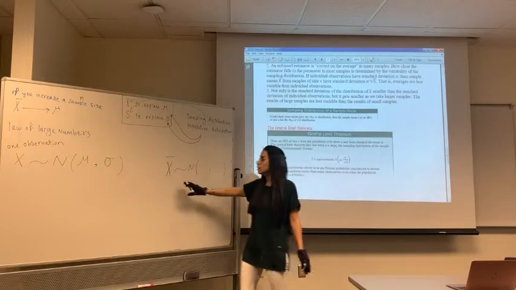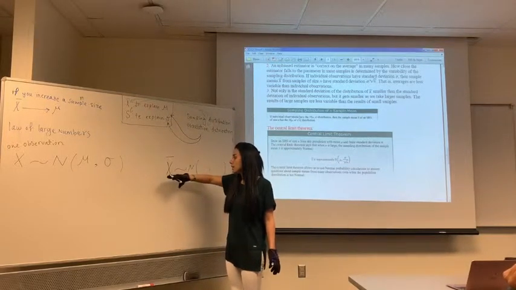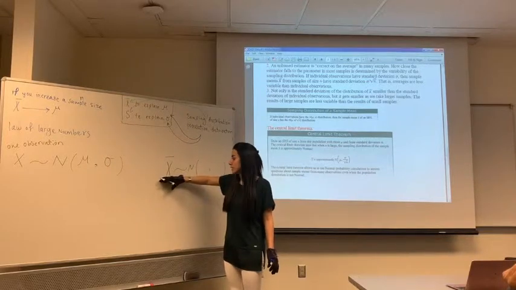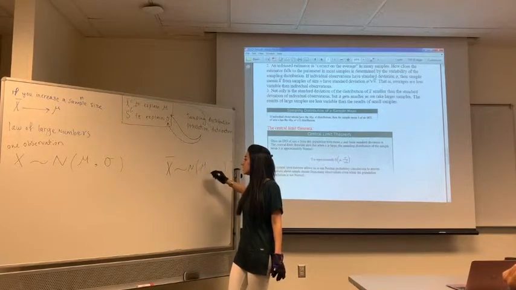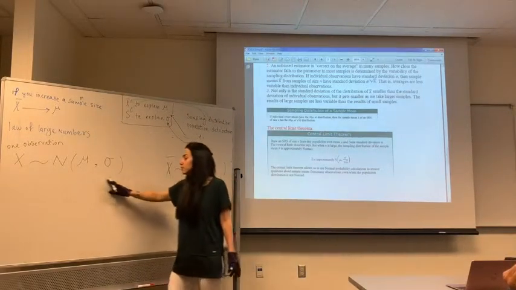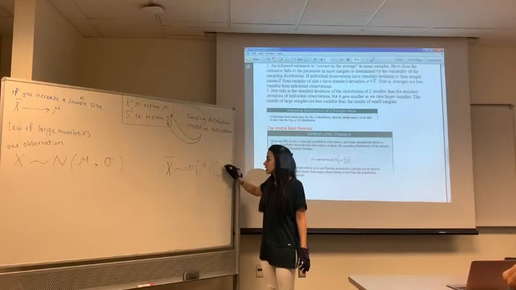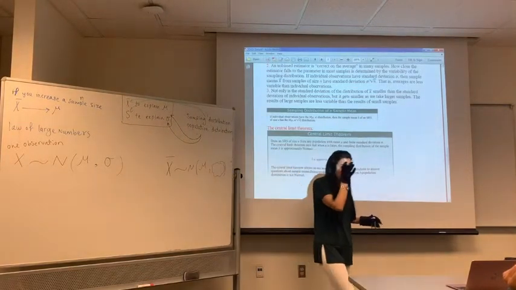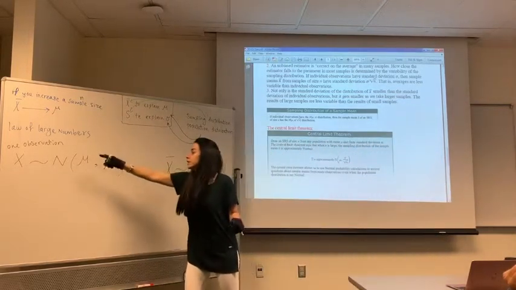But this one will be the distribution of the sample mean, and the distribution will follow the same pattern, but something is different. The standard deviation here is going to be different. So this was one observation.